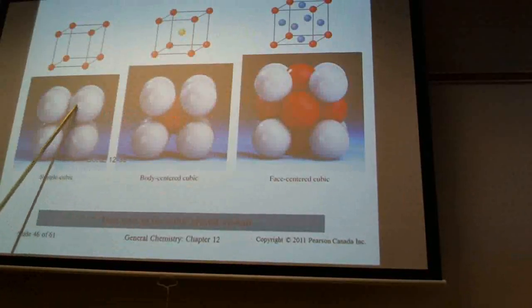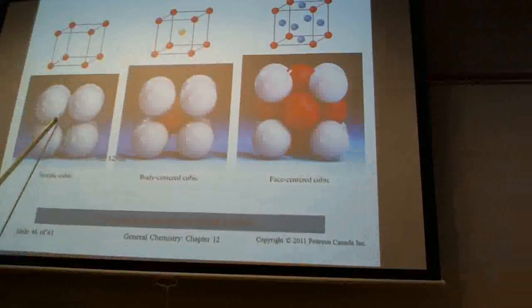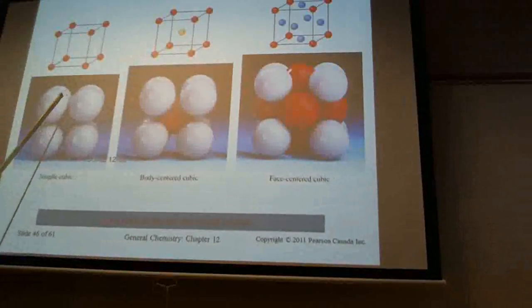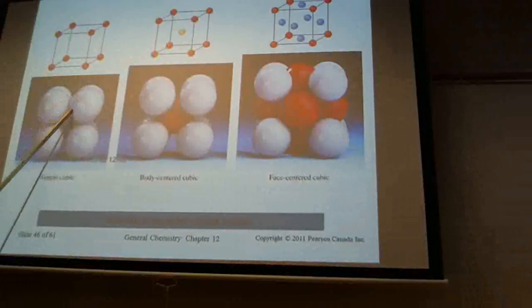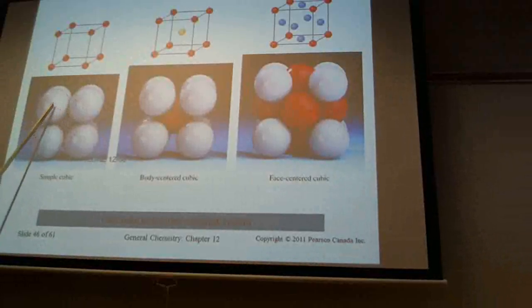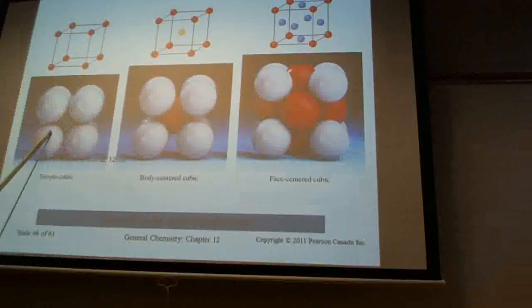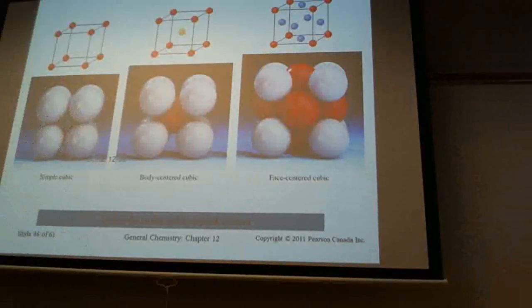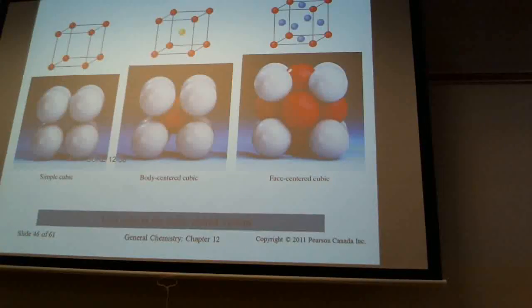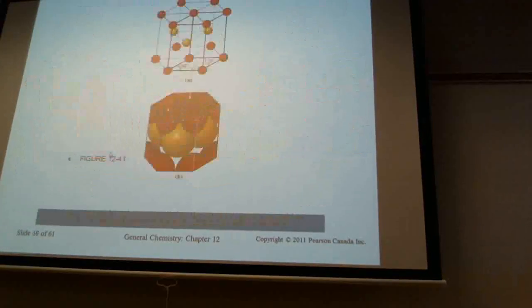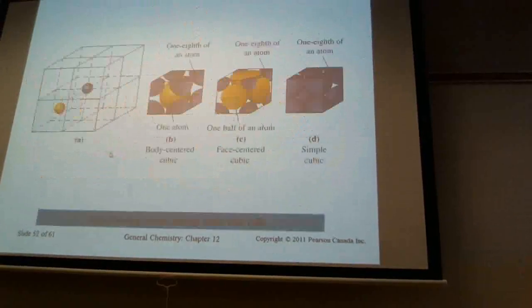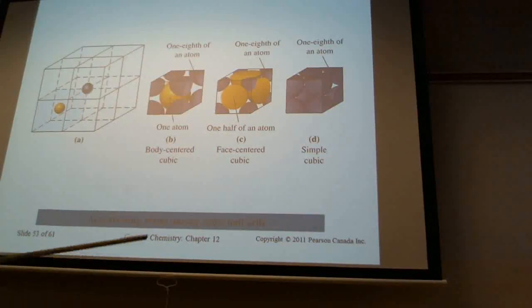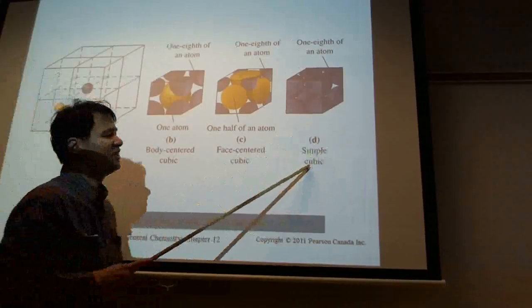Now, a simple cubic like this has a very low packing efficiency. We can calculate the packing efficiency, that is, the volume of occupied space versus the volume of empty space. Do you know how we calculate that? Let's go back to this diagram. This is the simple cubic structure.